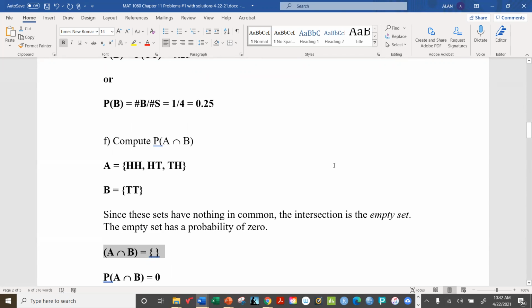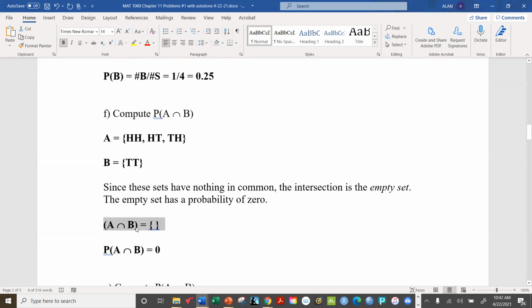A similar situation would arise if A represented the red cards in the deck and B is the black cards in the deck. Clearly, there are no elements in common because there are no cards that are both red and black. So those two sets would also have an intersection that is the empty set. So when this happens, the probability of that intersection is defined to be equal to 0. In other words, since there are no elements in the set, that probability is equal to 0.